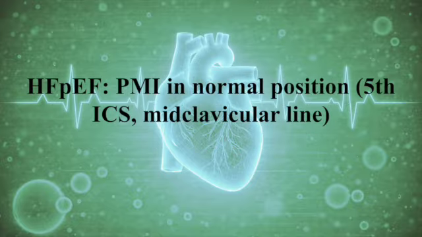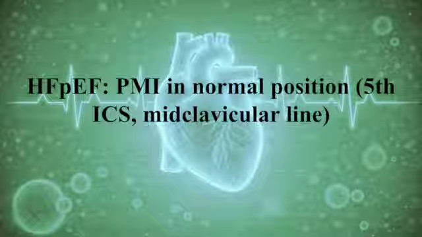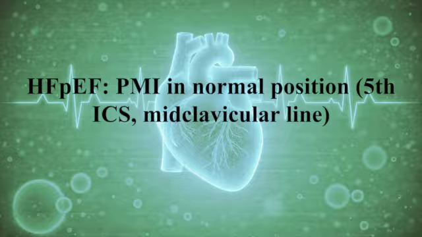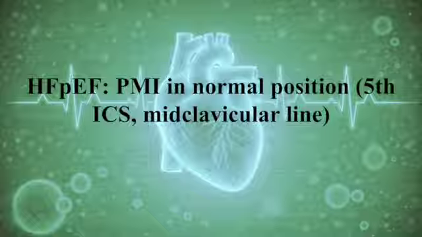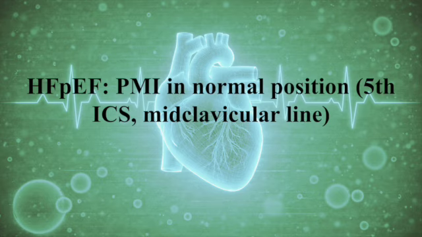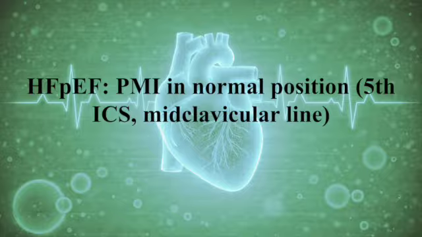The location of the point of maximal impulse, PMI, differs significantly between HFpEF and HFrEF, and can serve as a valuable physical examination finding to help distinguish between the two types of heart failure. In HFpEF, the PMI remains in its normal position at the fifth intercostal space, along the midclavicular line, because the concentric hypertrophy results in thickened walls, but maintains a normal or small cavity size without displacement.